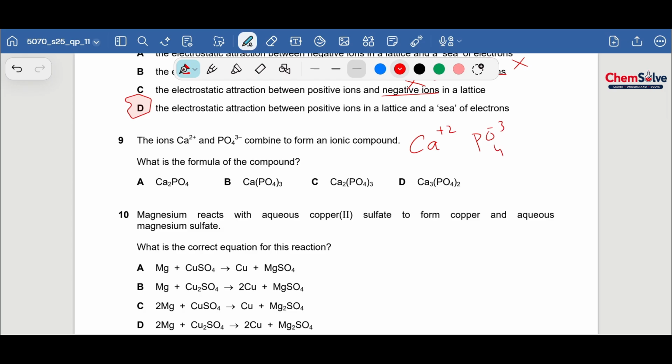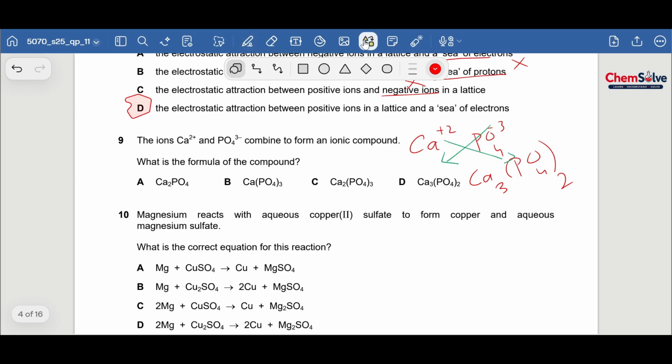Whenever we make the compound, their charges are just swapped like this. So resultantly, it would be Ca3 (PO4)2. So from this discussion, we can conclude that D is the right option.